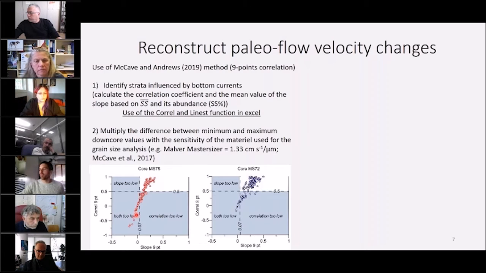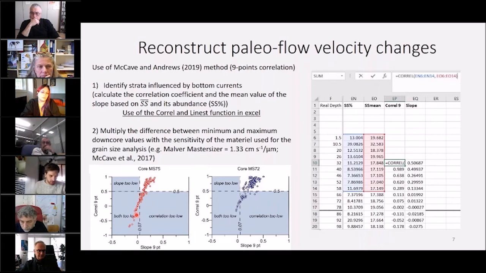But then when we applied this 9-point correlation by McCave and Andrews, we could identify exactly which sample, as we sampled every 5 centimeters in every piston core, which samples have been really reworked by bottom currents and which one has been reworked by a downslope process. And so we use for this the correlation and linear function, as explained in the paper, which is a 9-point correlation.